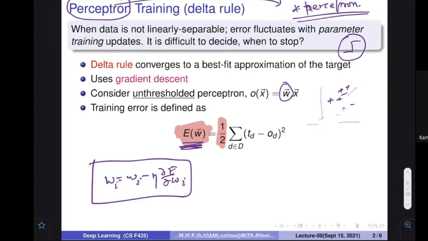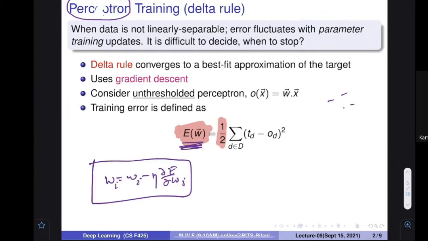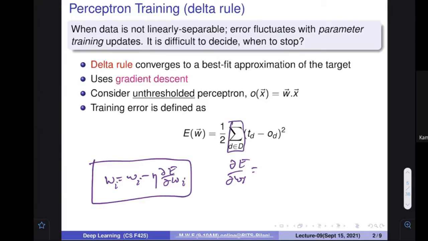So let us try to solve this more and get a better understanding of what this value is. What is this E? If I want to find out what del E upon del Wi is, what is this quantity? You know that there is a summation over the data items. So for every data item there is this particular term. With respect to every data item, you are going to have this term. Am I right?